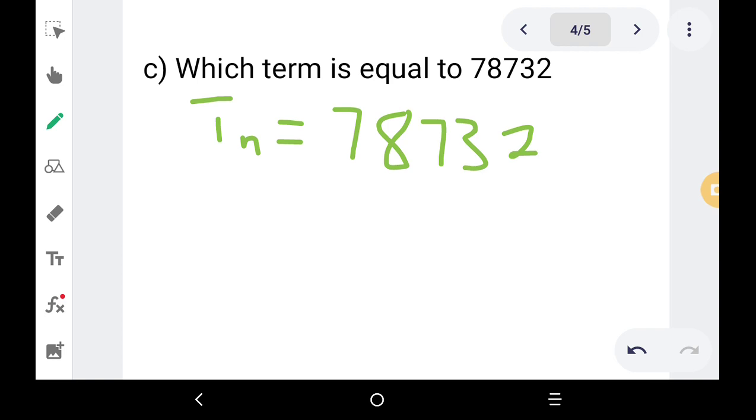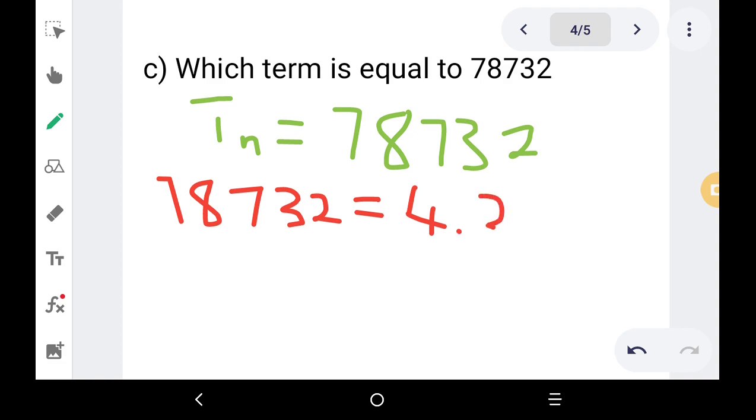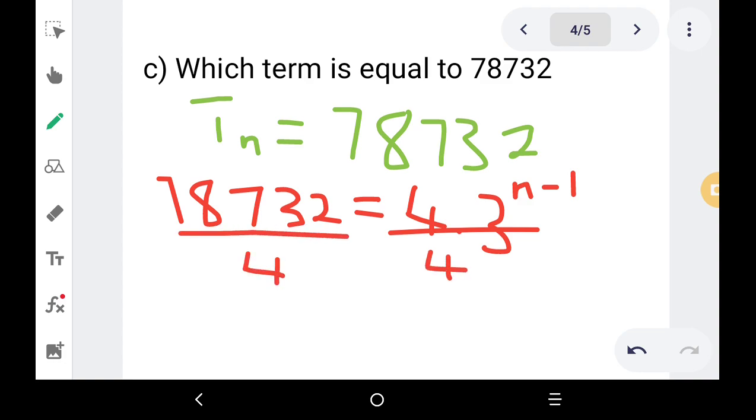Our general formula says 78732 should equal 4 multiplied by 3^(n-1). The first thing I'm going to do here is divide by 4 on both sides.